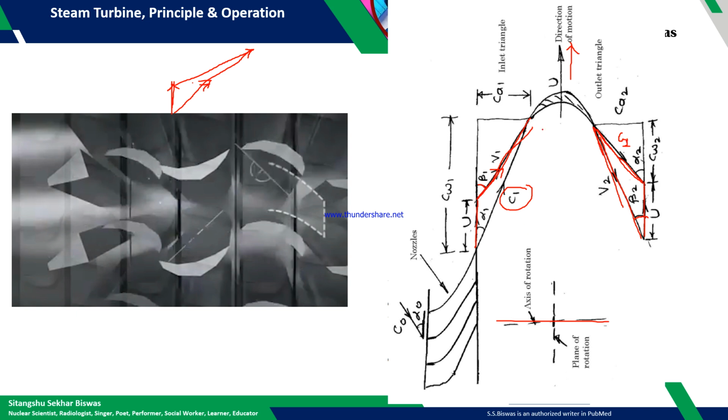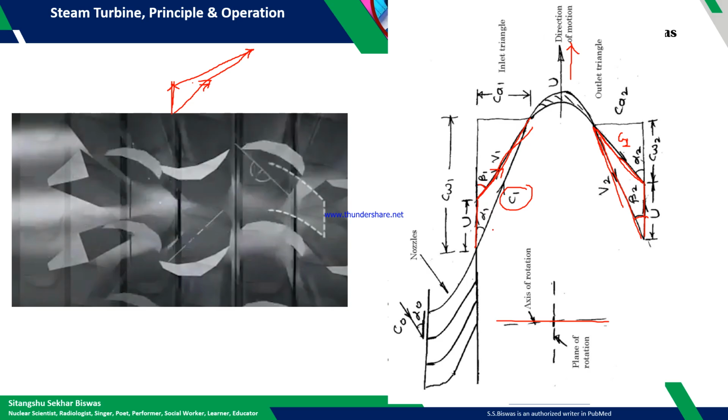So while the steam jet is entering the moving blade passage, there are two vectors acting: one is the movement of the blade and the other is the velocity of the steam.